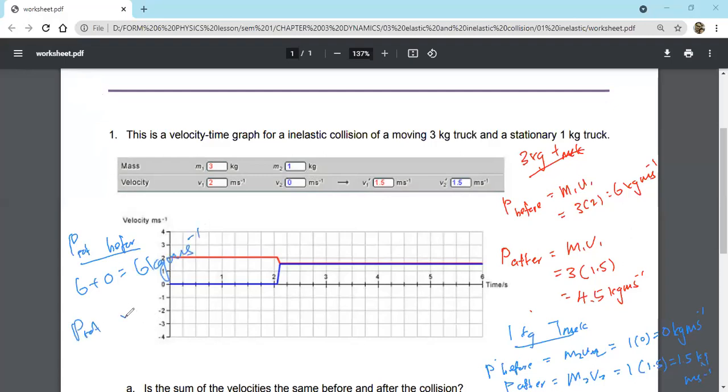P total after is equal to how much? That means 4.5 plus 1.5, so equal to 6 kg ms negative 1. So total momentum before collision is equal to the total momentum after collision.